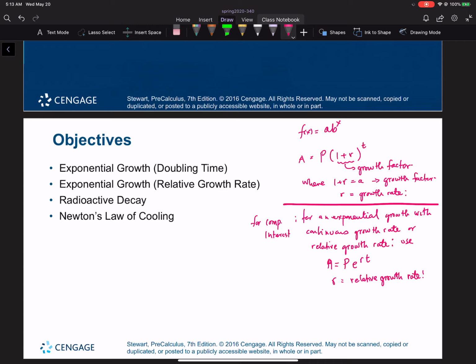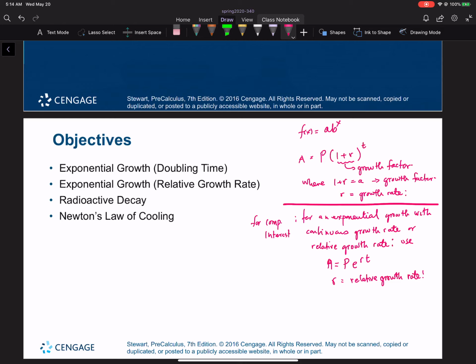And then we also looked at compounding continuously as a way of defining exponential growth of a particle or an amount that you've invested in the bank. And in that case, r was not the same as what we know from above. We called r the relative growth rate.